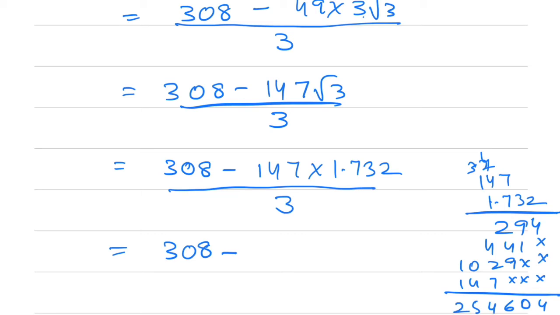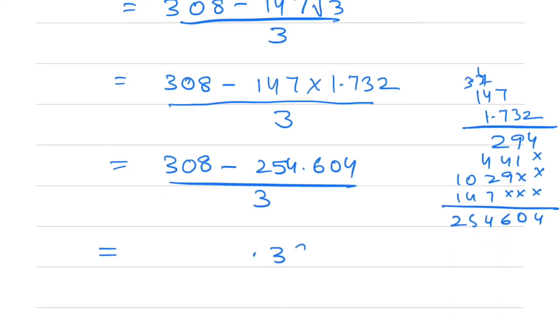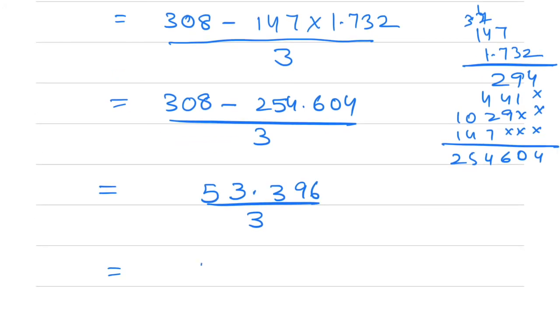I have 3 decimal places, so 254.604 divided by 3 gives 84.868 approximately. So approximately 17.8 centimeter square, because the radius is given in centimeters.